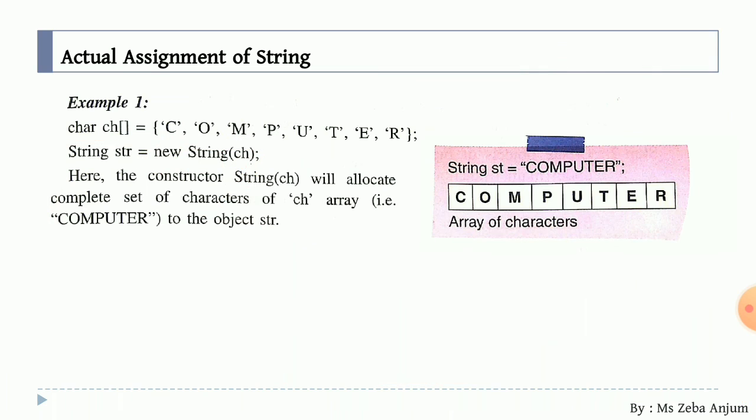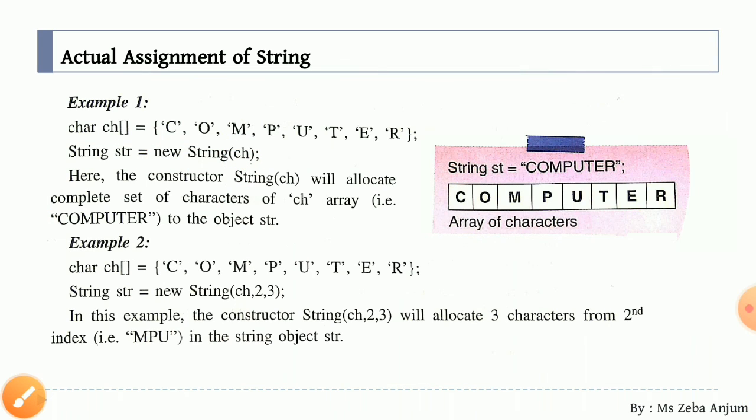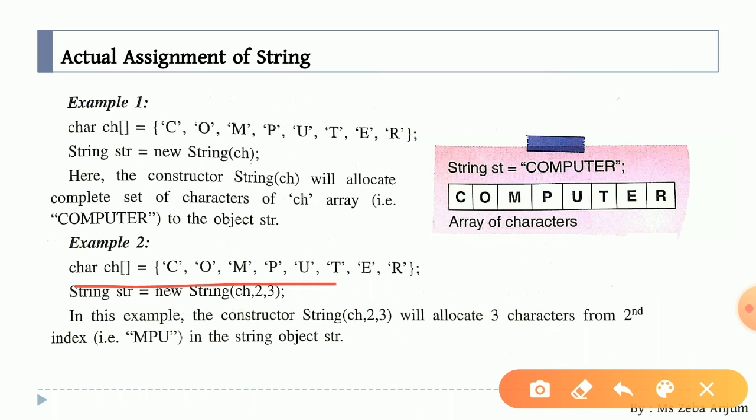Okay, now see the second example. See the second example also, we have taken this char ch equals to this thing. Now we have taken the second line, a somewhat modified version, String str equals to new String. You have understood till now? Now ch,2,3, what is the meaning of this thing? ch,2,3 means, see, ch is the initial point, it is an array which you have to access.